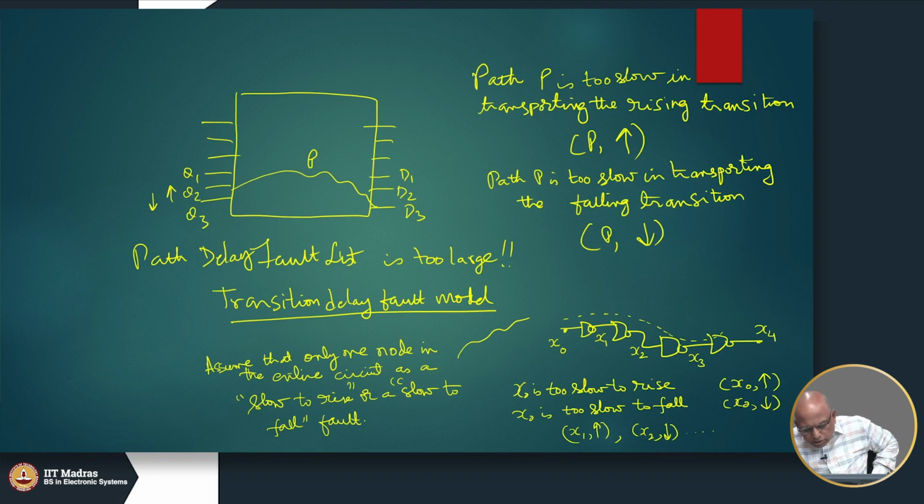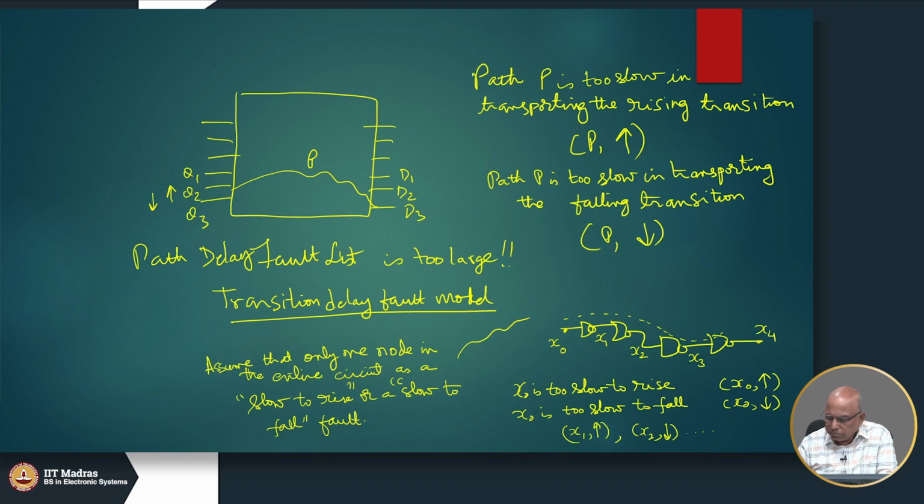The rest of the nodes are good, they do not have any fault, and all the delay fault is concentrated at one particular node, either x0 or x1 or x2 or x3. So, that allows us to look at all the nodes and say each node can be slow to rise or slow to fall.